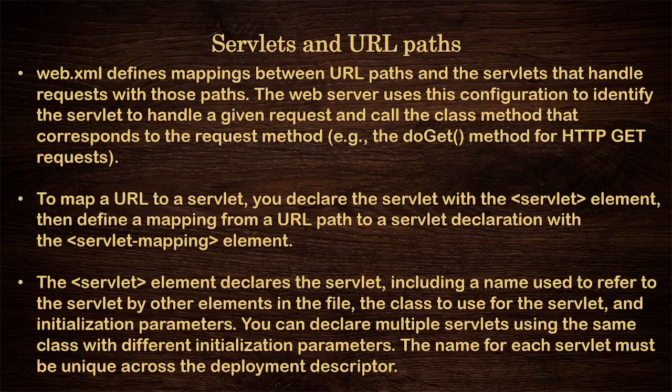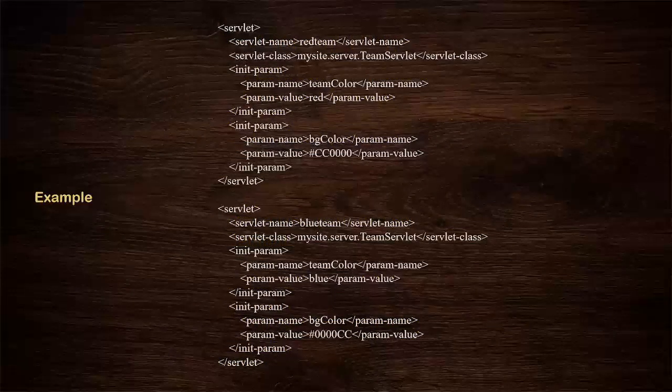You can declare multiple servlets using the same class with different initialization parameters. The name for each servlet must be unique across the deployment descriptor. That is an example for this.